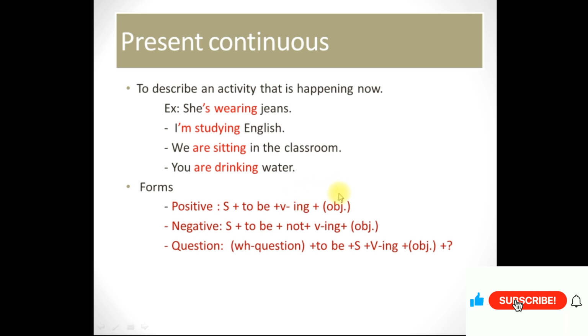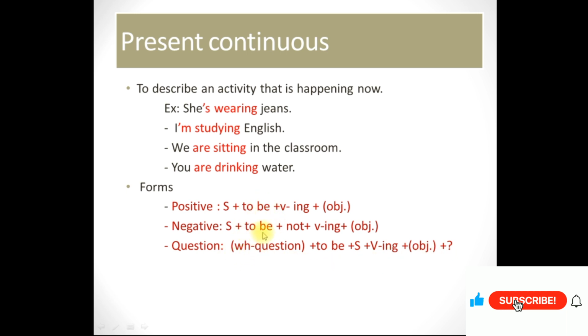And the negative form is so easy. We just add not between to be and verb-ing, right? And the question form, you can use with WH questions, plus to be, plus subject, plus verb-ing, and plus object, and don't forget to use a question mark at the end. As you can see, this is the form.